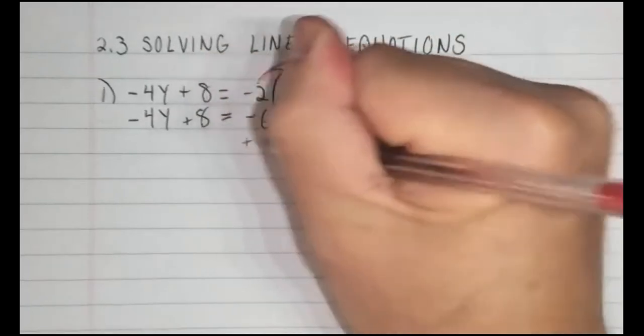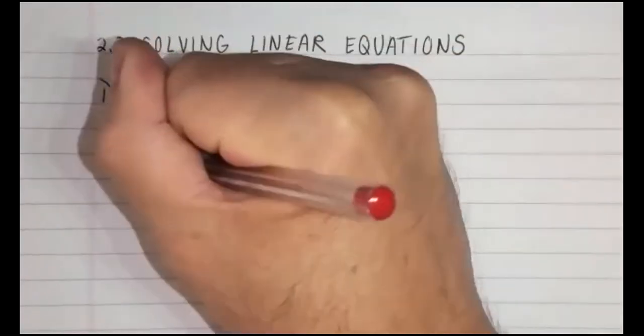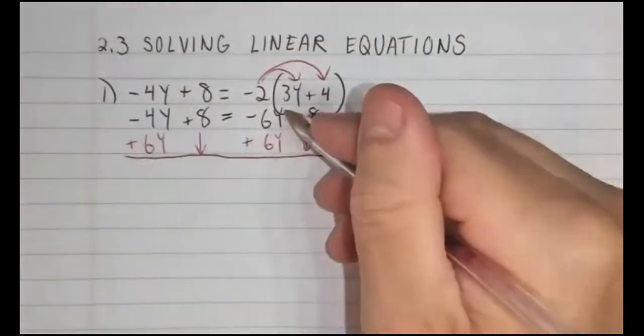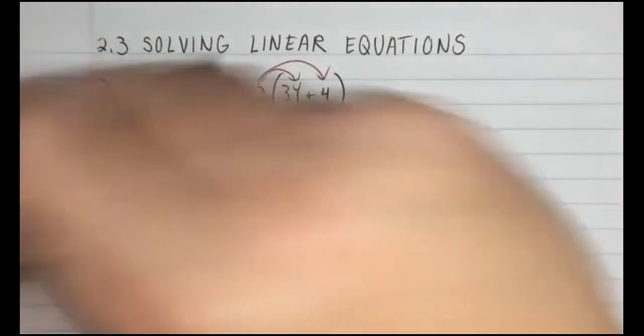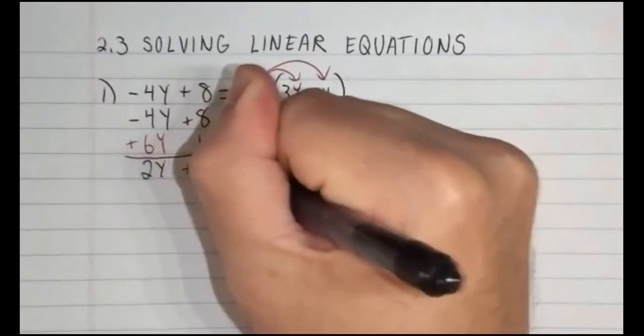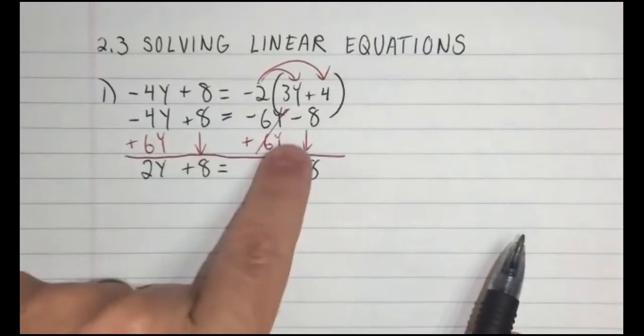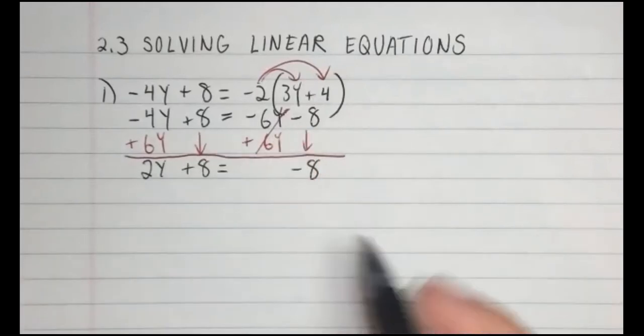So that is why I'm going to add the 6y to cancel out this variable. And that's going to leave me with a positive 2y here plus 8 equals negative. And again, you notice I'm just moving down the plus 8, moving down the negative 8.